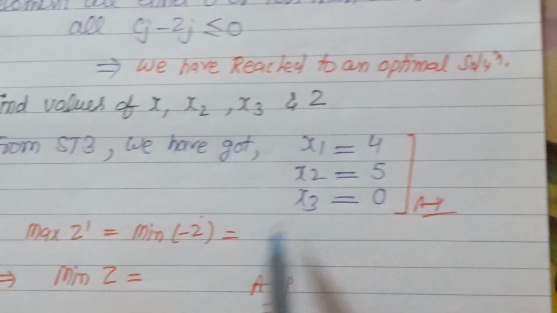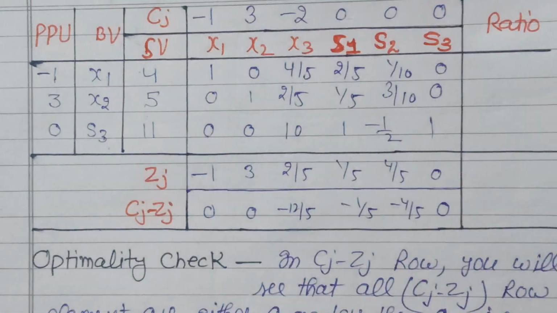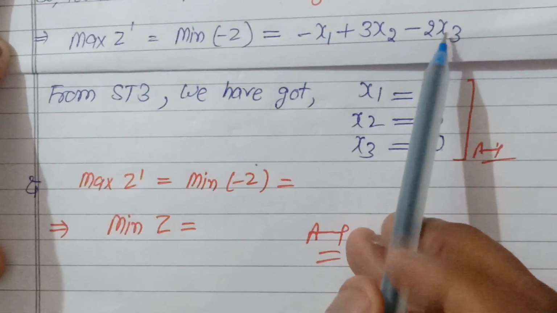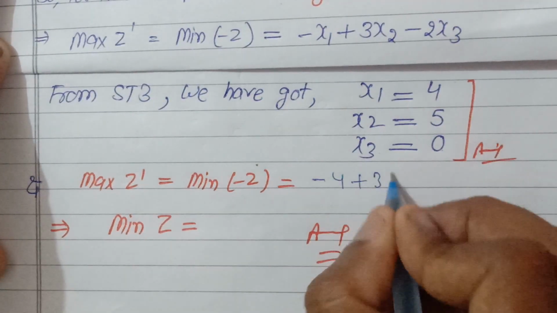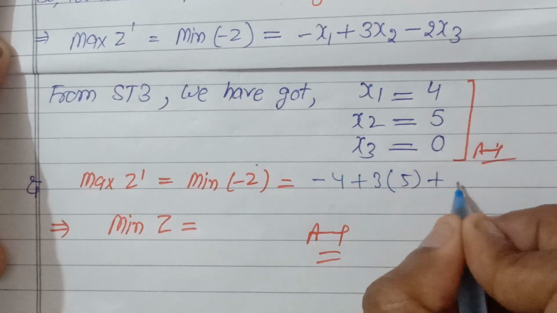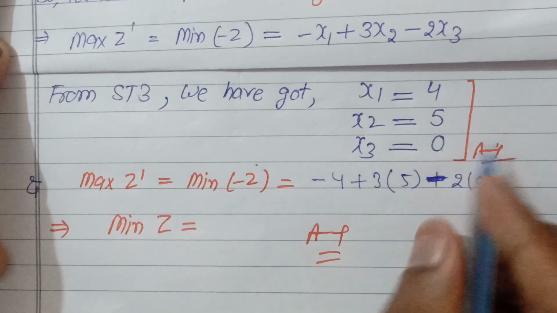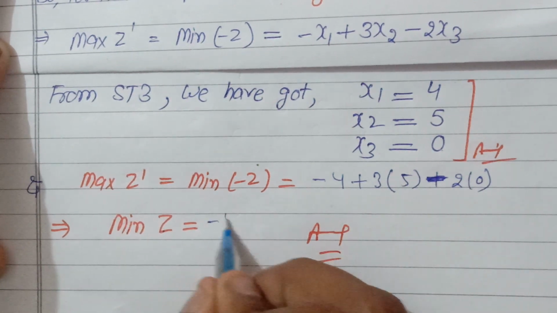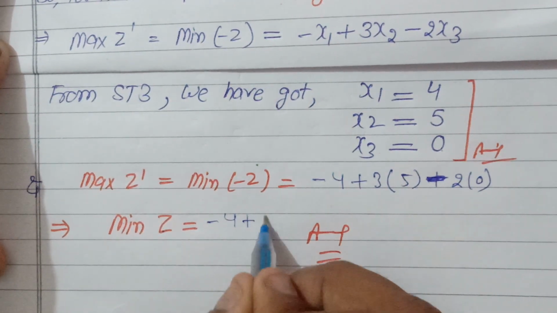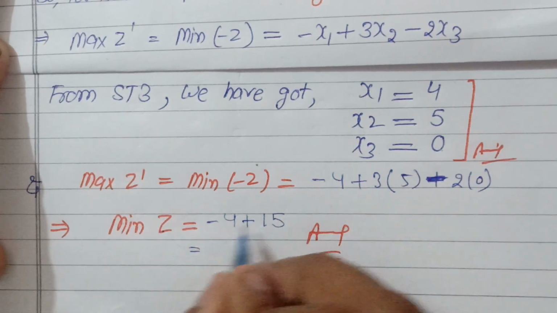Now if you put these values in the objective function, that is, minus 4 plus 3 into 5 plus minus 2 into 0, then we can find the value of the maximization of Z, and this will come out to be minus 4 plus 15, which is equal to 11.